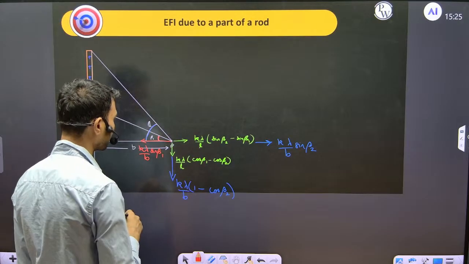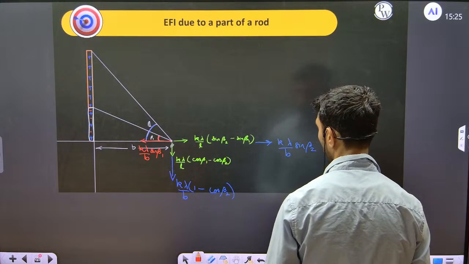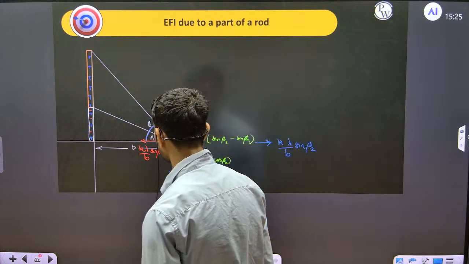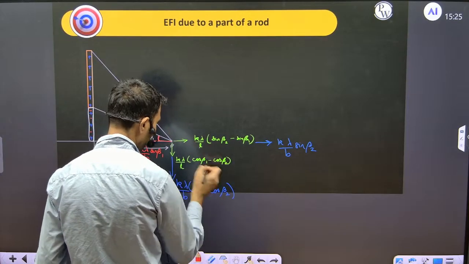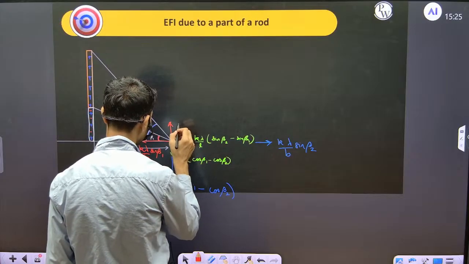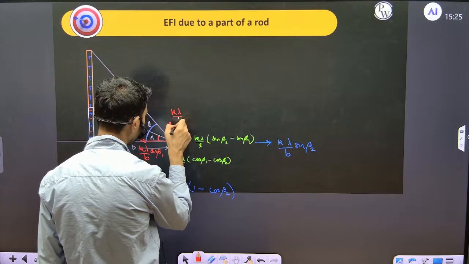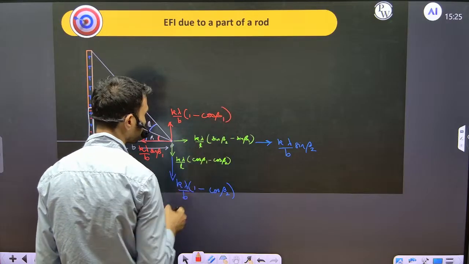This angle is beta 1, right? And since it's a negative charge, the electric field will be upward due to it. And how much will it be? K lambda by b into 1 minus cos beta 1.